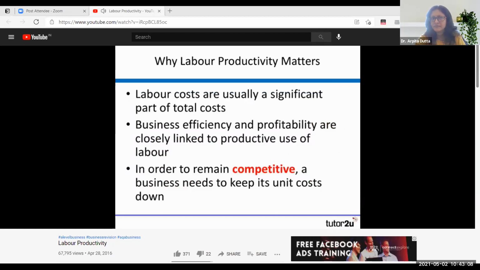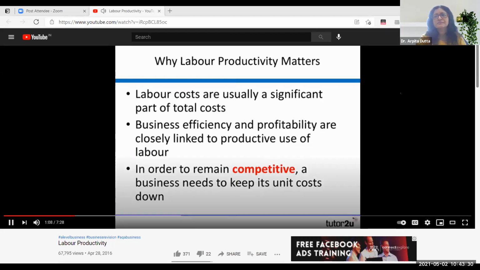The reason why labour productivity is an important measure of operational as well as HR performance in a business is that whenever you look at the cost structure of a business, you usually find that labour costs are a big part of it. And therefore, the overall profitability or return of the business and the efficiency of the business is often very closely linked to how productive the labour force are.